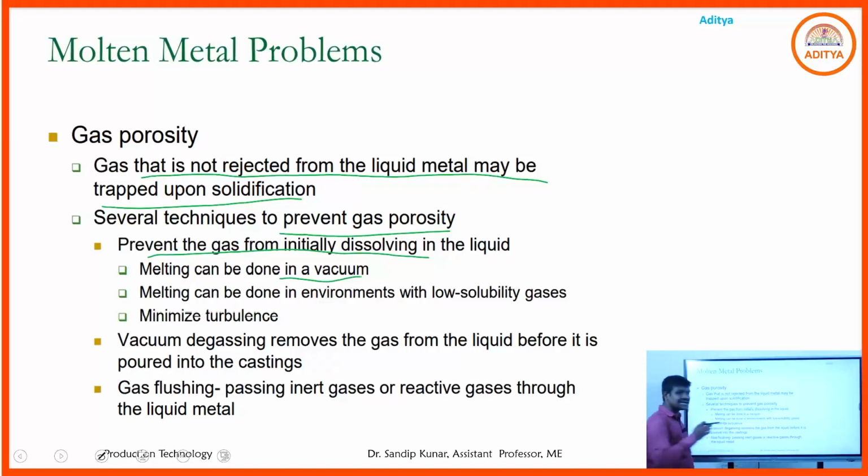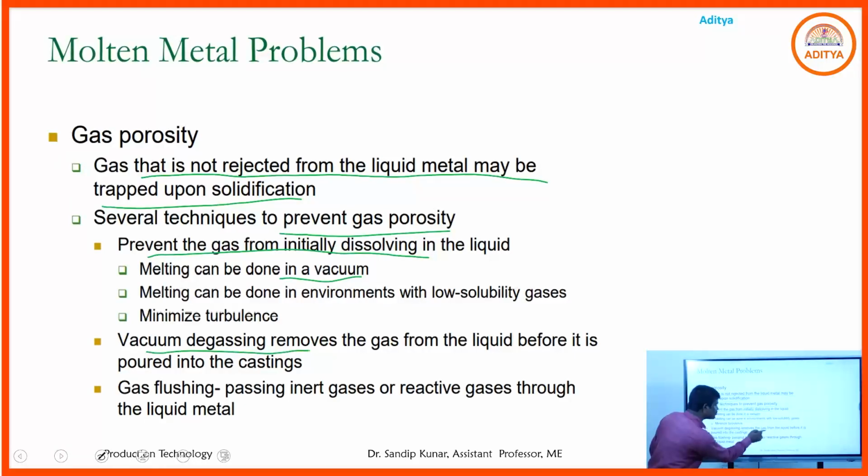Minimize the turbulence. When pouring the molten material into the mold cavity, take care not to create turbulence, because in the gating system some parts may be eroded. So avoid turbulence when pouring.